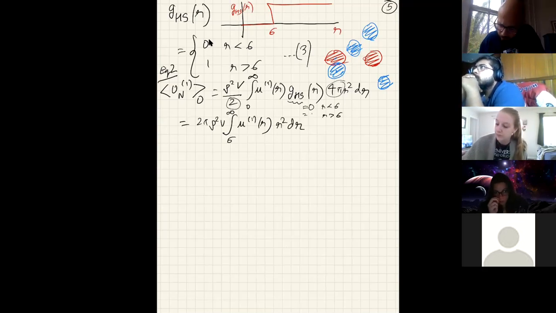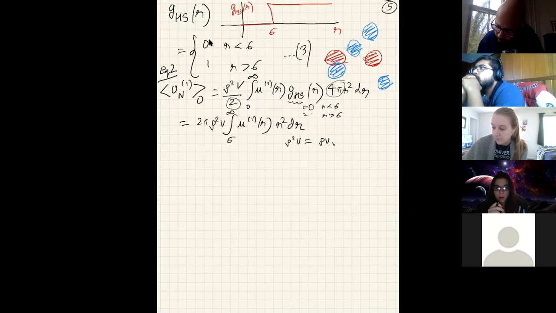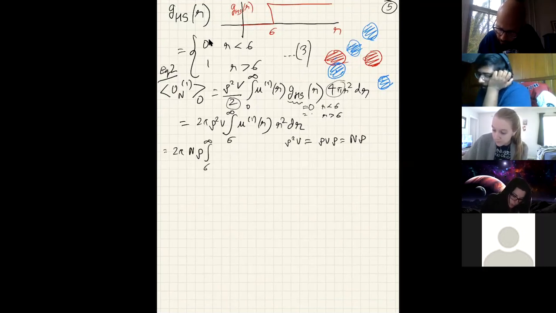Again, we realize that rho square V is equal to rho V multiplied by rho, which is equal to N rho. So we use that over here. So this is 2 pi N rho, integral from sigma to infinity of u1 of r square dr.